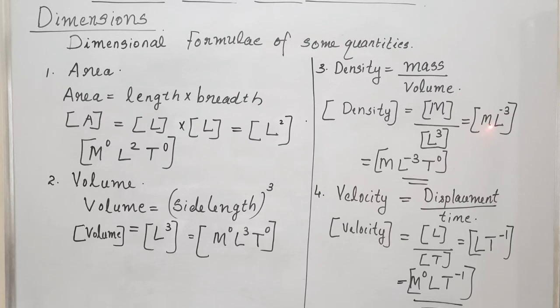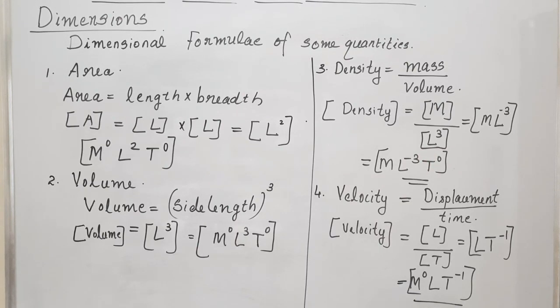So we have M L raised to minus 3. It can be written as M L raised to minus 3 T raised to 0, which means that density has got dimensions 1 in mass. If no power is written there, it means it is 1. So 1 in mass, minus 3 in length and 0 in time.